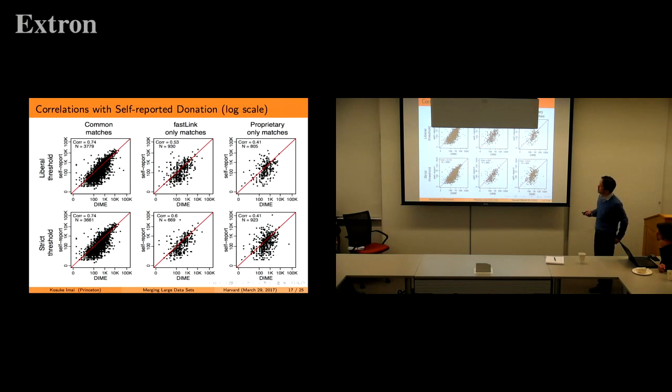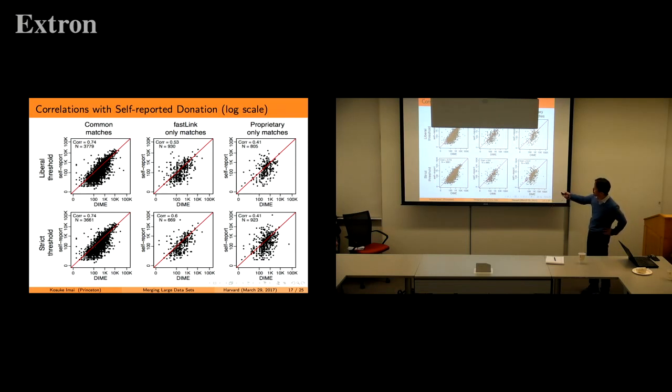Okay, so here is the correlation between self-reported donation and the actual donation amount from the public record, among the people who matched. Again, these are liberal threshold, strict threshold, and the common matches. Among the observations that we call match, on the log scale, there is pretty high correlation between the self-reported donation amount in the survey and the donation amount recorded in the administrative record.